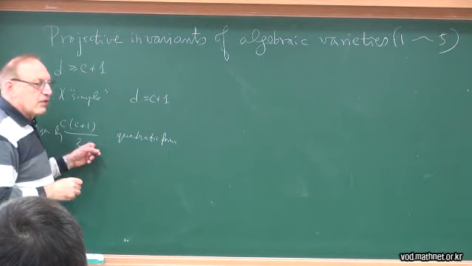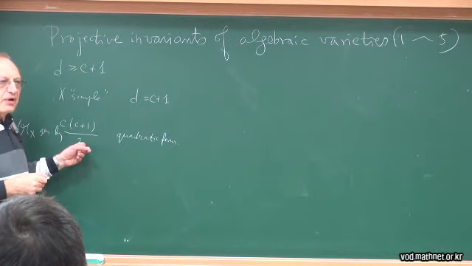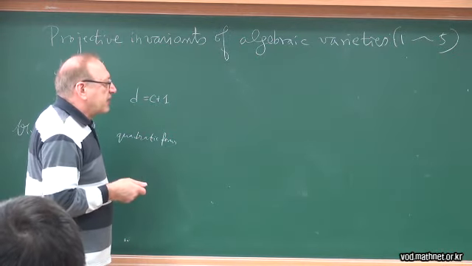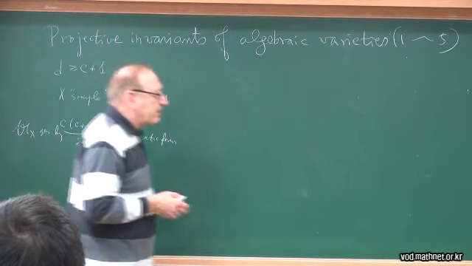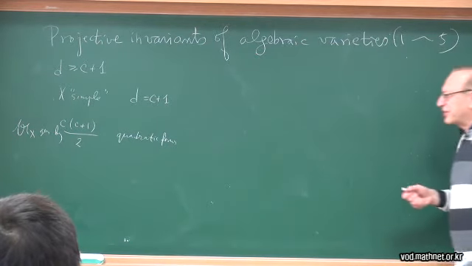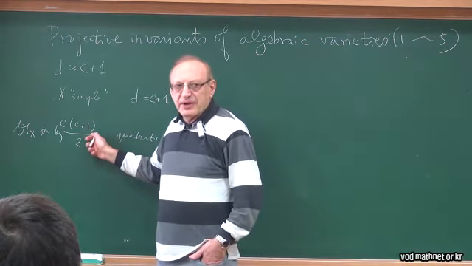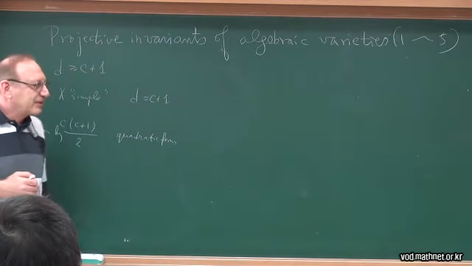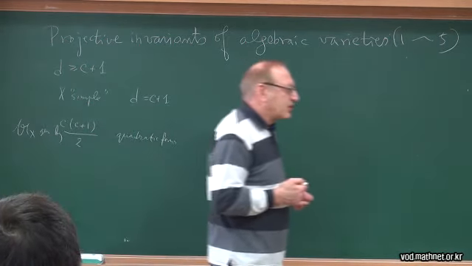For big dimension, this is a lot. So the ideal has a lot of generators, and it's very far from being a complete intersection, because it's roughly a square over 2 of the number of generators for complete intersections.